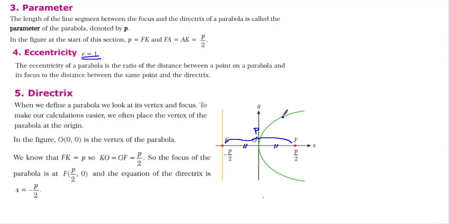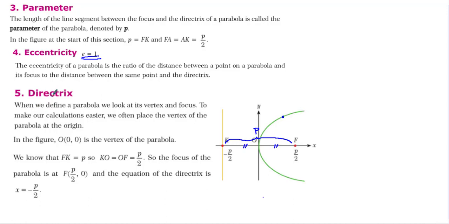I mean, the distance between the point and the directrix, and the distance between the point and the focus point, are equal. So you are dividing the same numbers by each other. That's why the ratio should be equal to 1. So eccentricity is always equal to 1, and this is a general definition for the conic sections, and we are going to learn it in other subjects also.